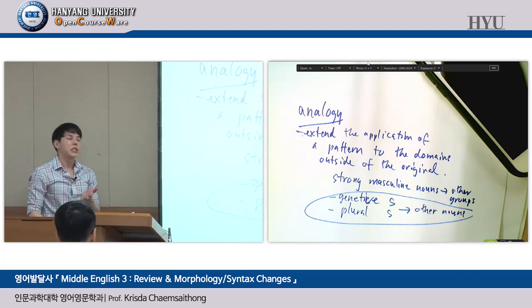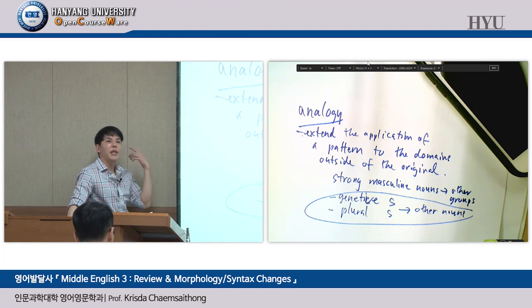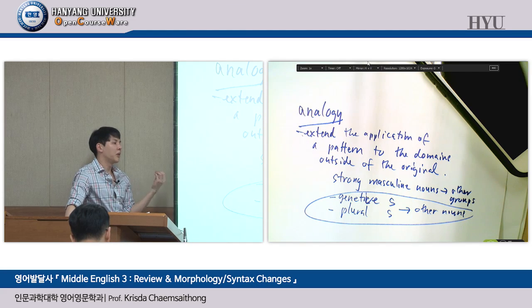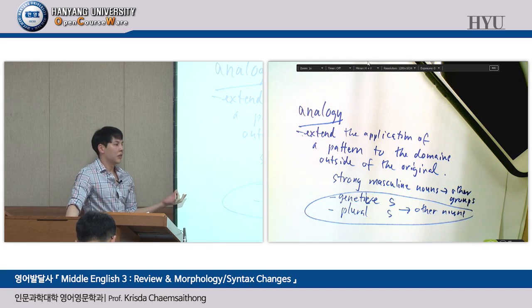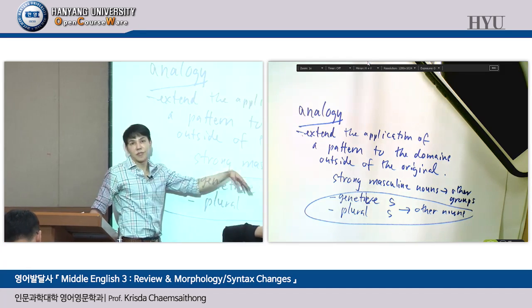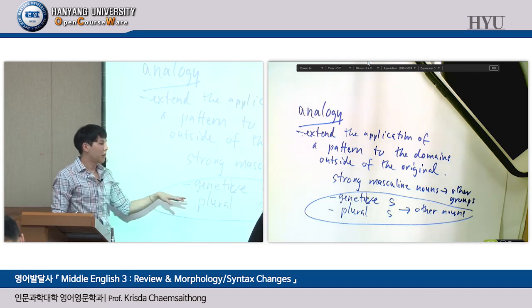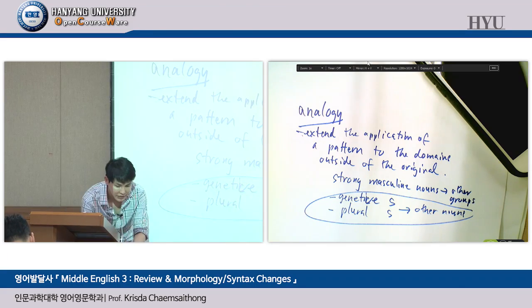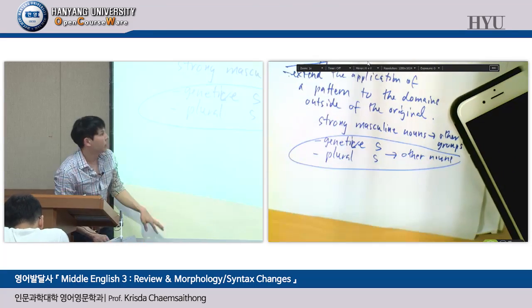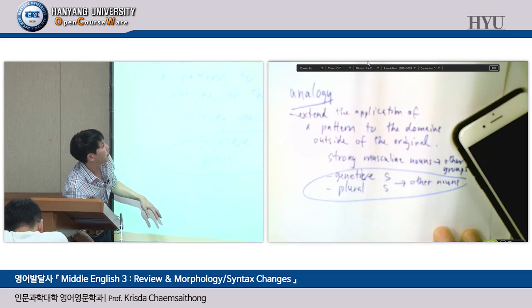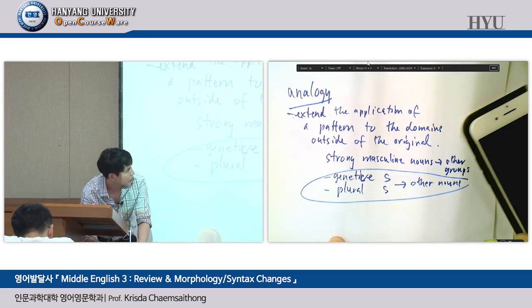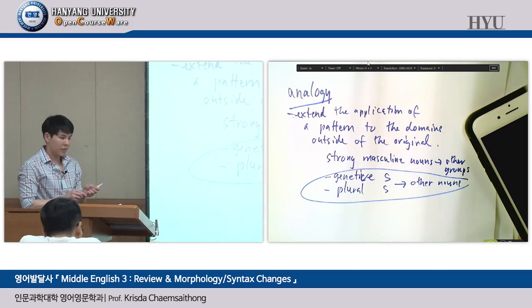So in modern English, when we make up new nouns and we want to indicate possession, we just put the S. And if we want to indicate plural, we just put the S. Same thing, right? So these are the result of analogy, right?